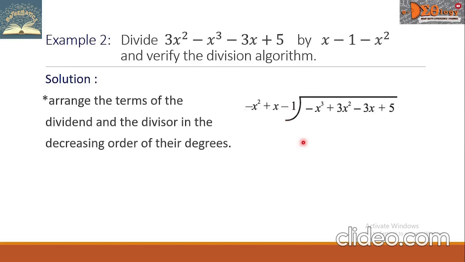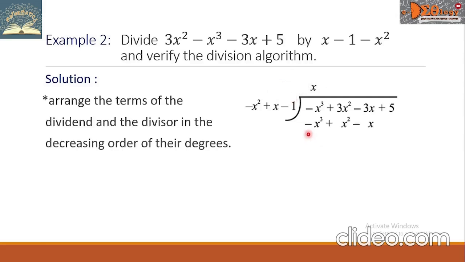Let's begin our division. The first term, negative x cubed, is divided by negative x squared. The answer is x, so we write the answer above the negative x cubed. Next, we multiply this x to each of the terms of the divisor.